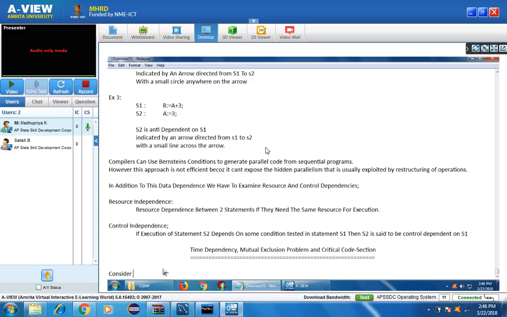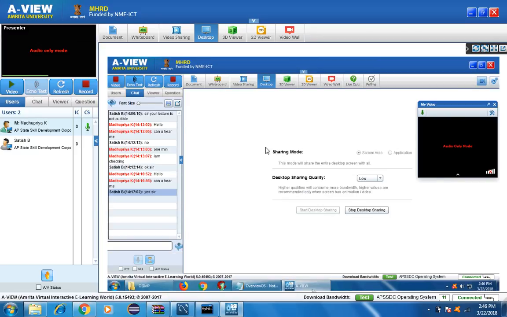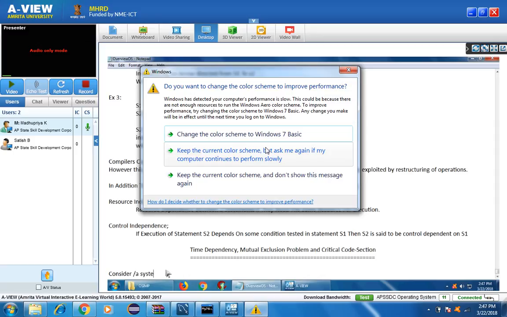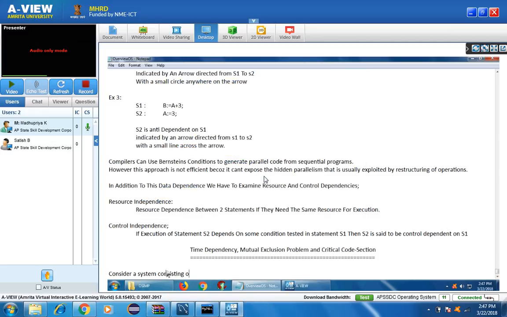Now let's assume, consider a system containing a set of n processes. What are those processes?